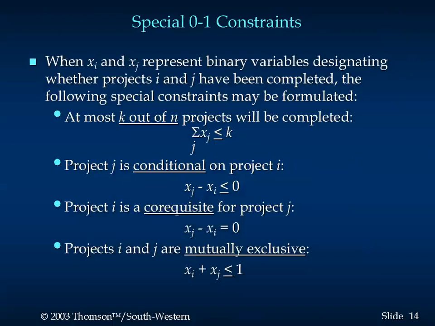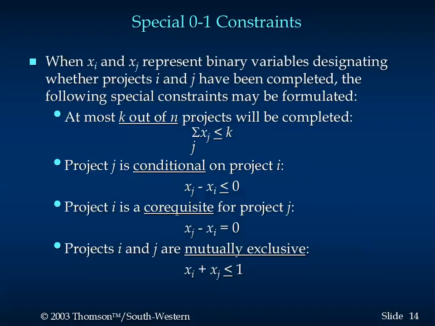Suppose I want to say that at most k projects should be completed. How do I do that? Well, I just add up xj. When I add up xj, that's looking at how many projects are completed. That has to be less than or equal to k. Because these are 0, 1 valued, counting and adding are the same thing. Counting the number of ones and adding the number of ones will give you the same value. So instead of counting, we're just adding.